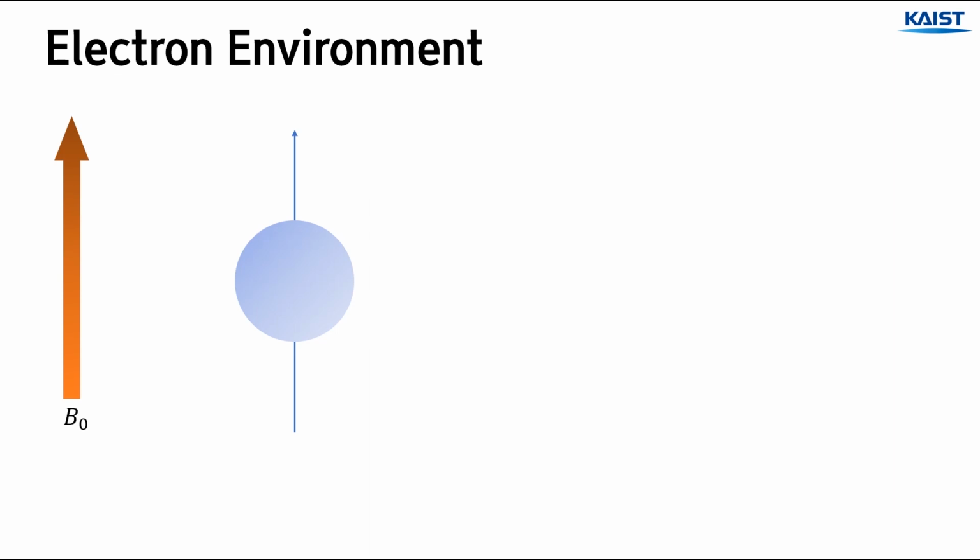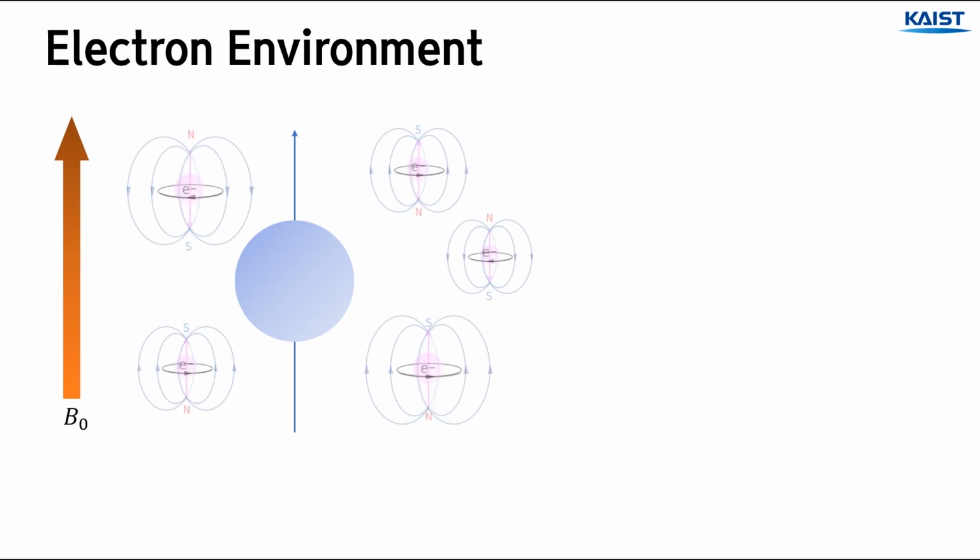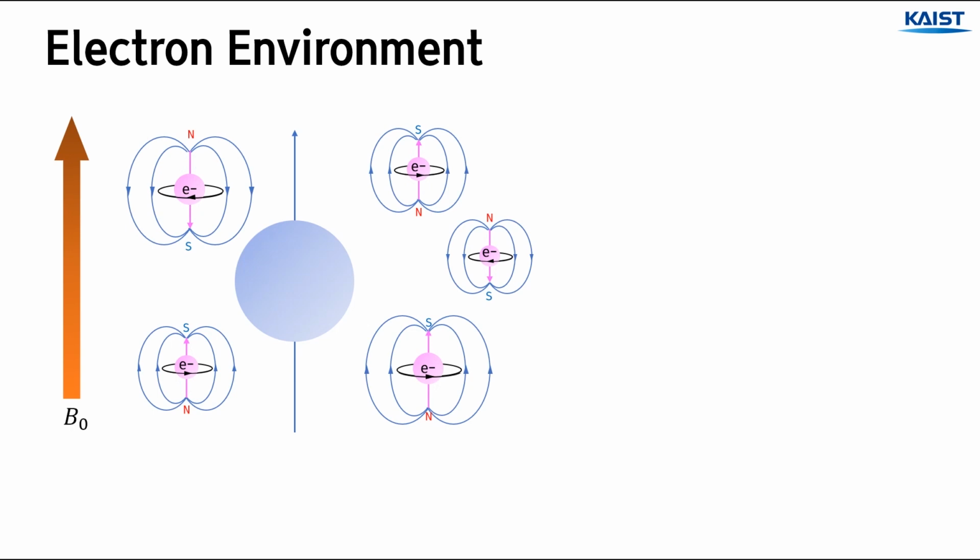So we learned that the energy spacing is determined by the applied magnetic field. But in reality, there is one more factor that determines the spacing. In chemical compounds, a proton does not exist alone. It exists with other nuclei and electrons. Nuclei and electrons also have spin and act as magnets.